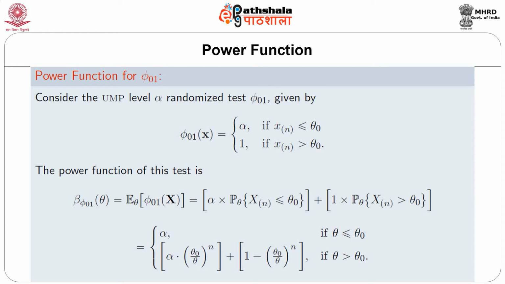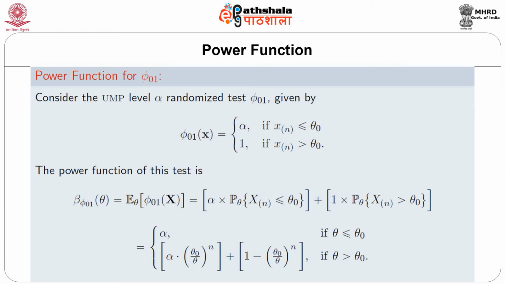So here x order n greater than theta naught has probability 0, and x order n less than or equal to theta naught has probability 1. So alpha into 1 plus 1 into 0, that is alpha.